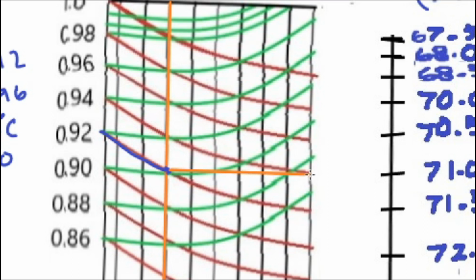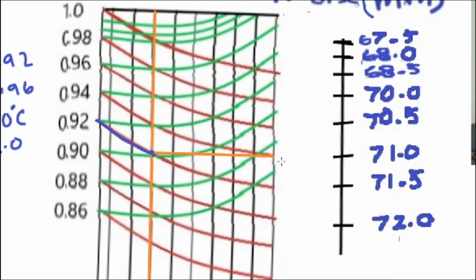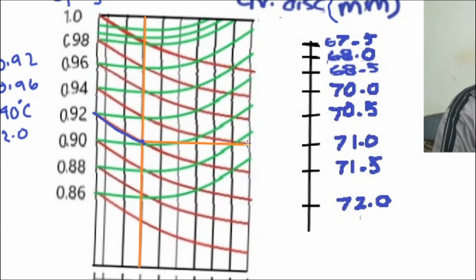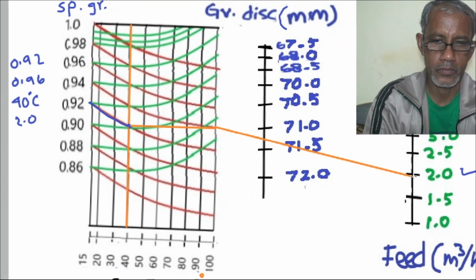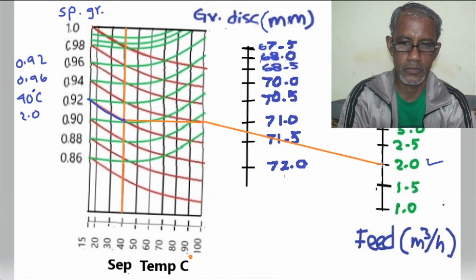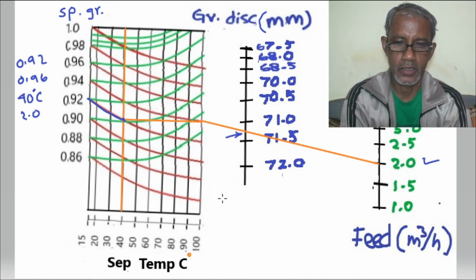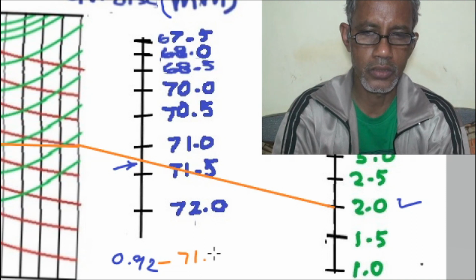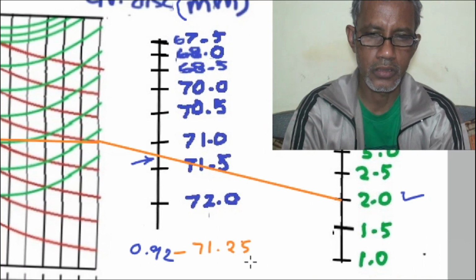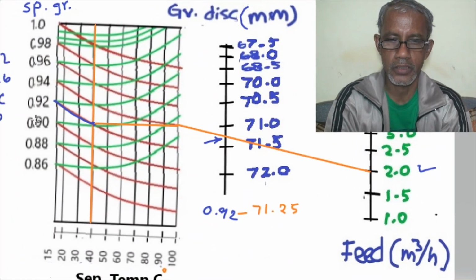We have to draw another line right up to the 2.0 feed rate. The size of the gravity disk for 0.92 is 71.25, and next we will see for 0.96.